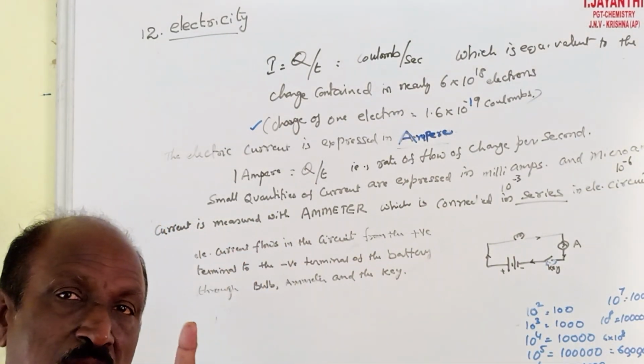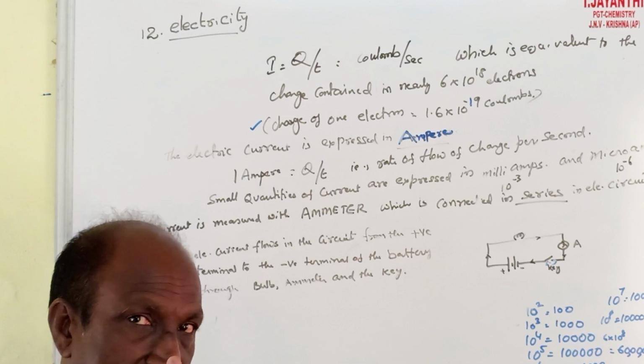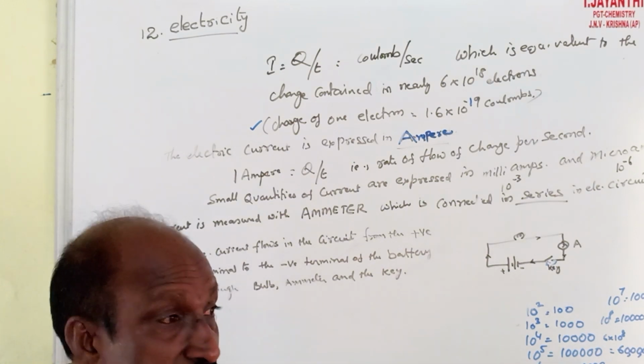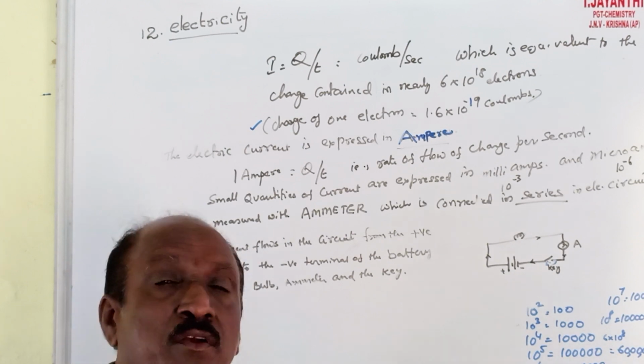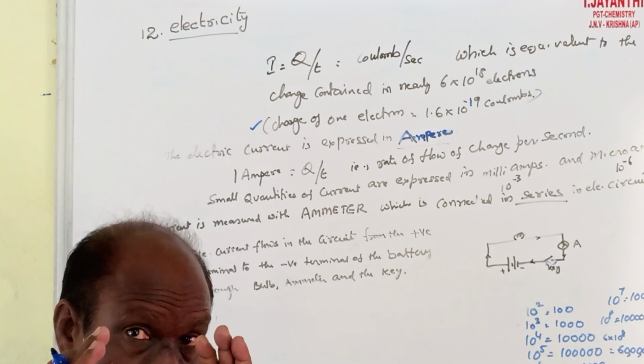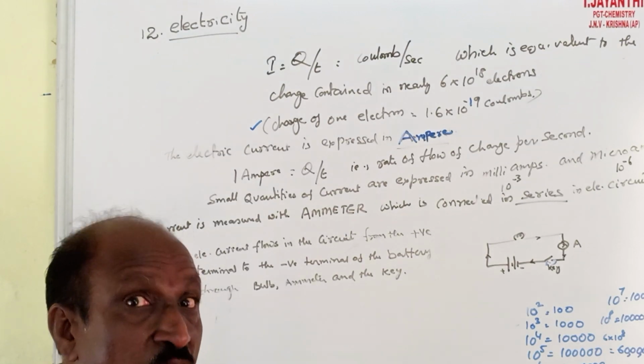So 1 ampere is equal to the charge contained in 60 crores of electrons. That much of charge is equivalent to 1 electron.